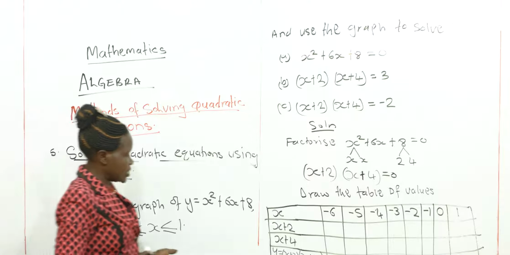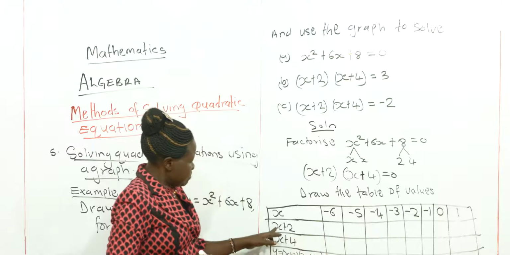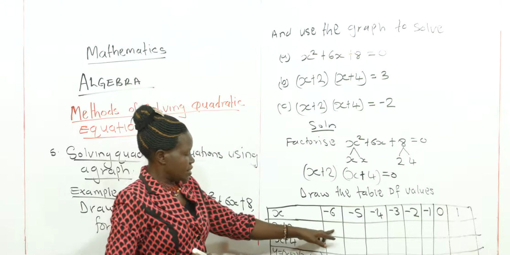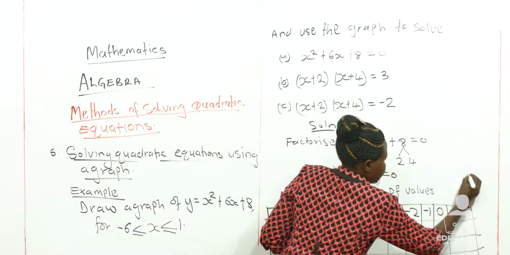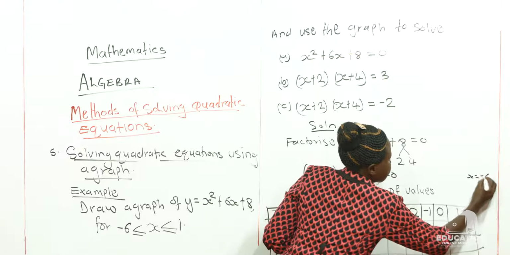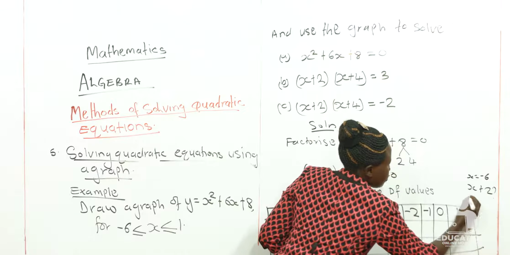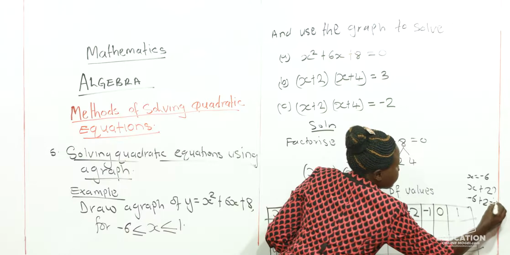And now after getting that, you can come to this part. Now if x is negative 6, what will be the answer here? Then you will use your rough paper. x equals negative 6. So x plus 2, what will it be? It will be negative 6 plus 2, which will give us negative 4.